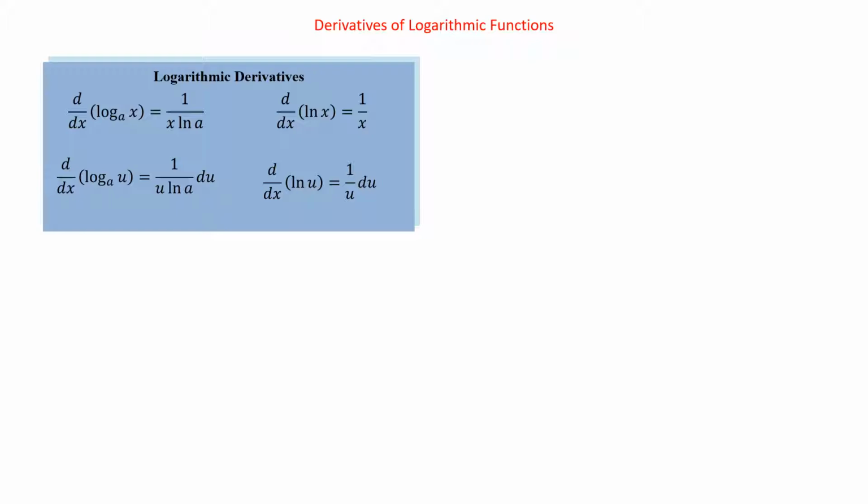So if we wanted to do some of these, we have f of x equals log base 6 of x, which means the derivative will be 1 over x ln 6 times the derivative of x, which is just 1.